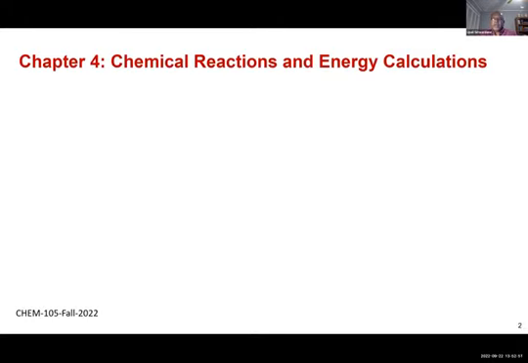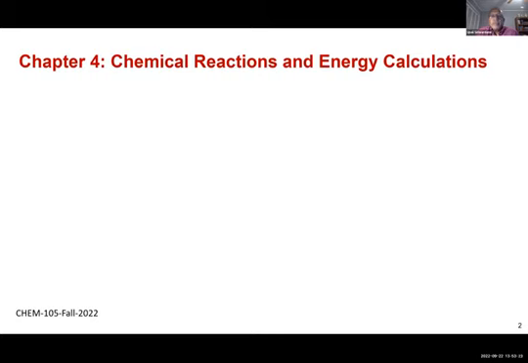Now we go over basic idea about sciences, scientific method, classification of matter, calculations, significant figures in calculation, etc. And in the second chapter, we talked about atomic structure, periodic table, electronic configuration, valence electrons.